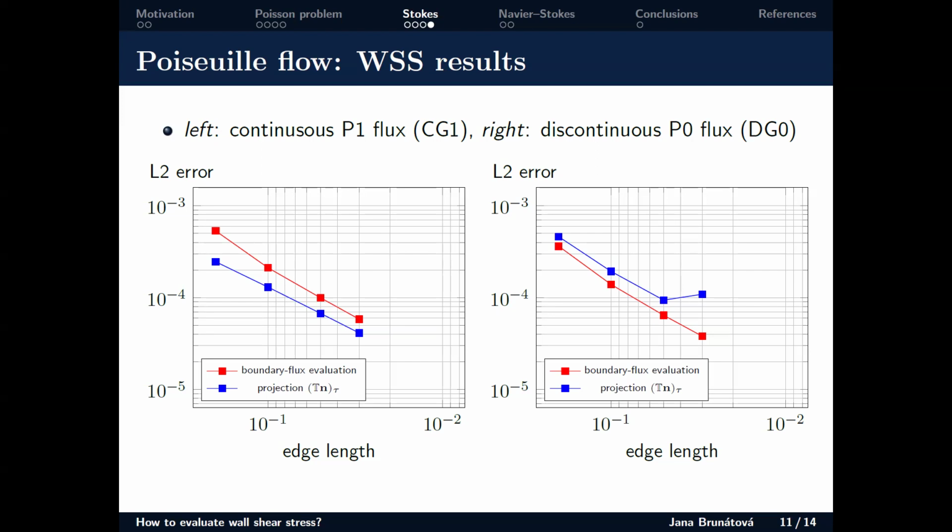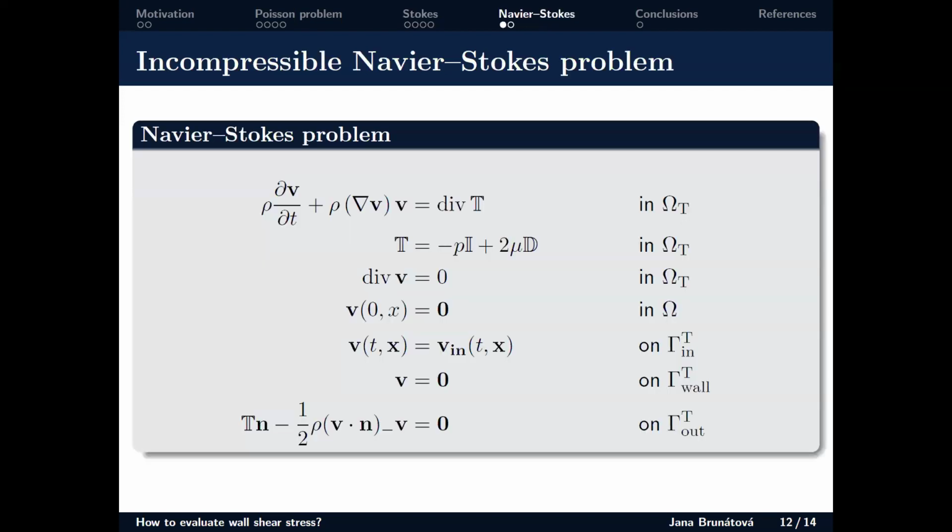And then we see that the boundary flux evaluation is much better than the projection method for the same function space, DG0. And on the left, we see similar results as before for the traction and wall shear stresses. Okay, so now let's move on to the full Navier-Stokes problem in real geometry.